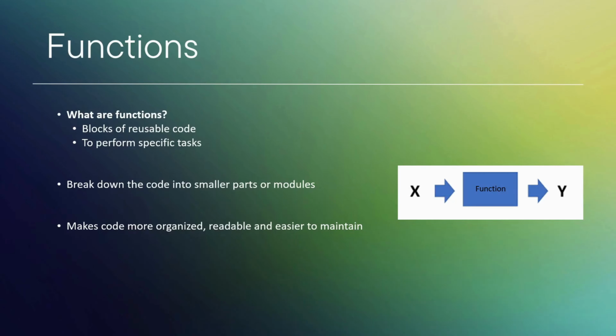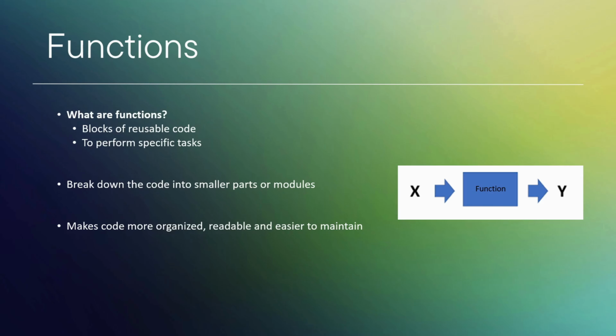So first of all, what are functions? Functions are basically blocks of reusable code that we can write by ourselves to perform certain tasks. So we write a piece of code, and we want to use that piece of code again and again. Instead of writing those lines of code again and again, we define a function and use the function to perform that task.